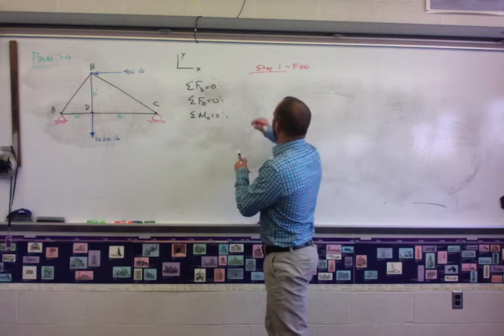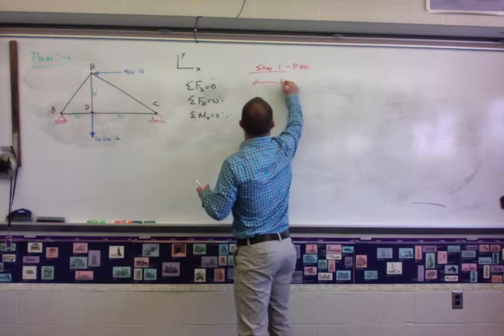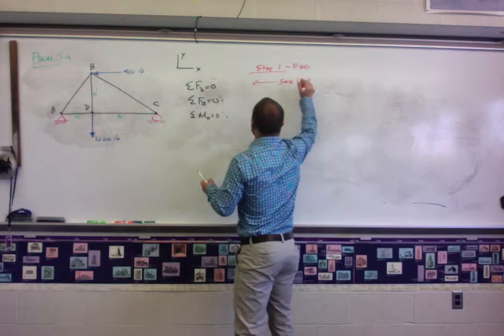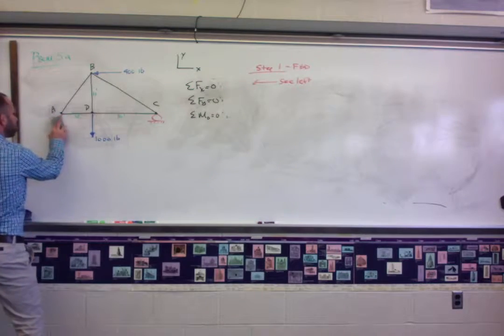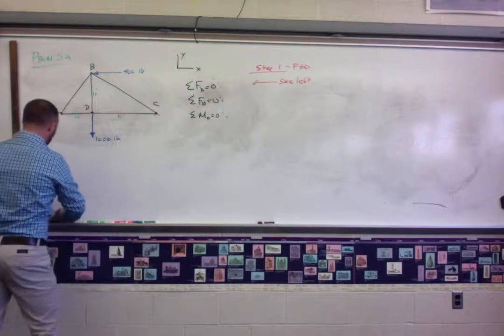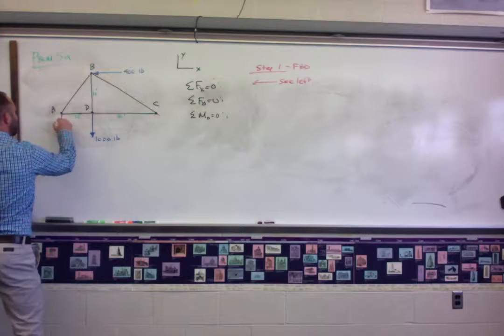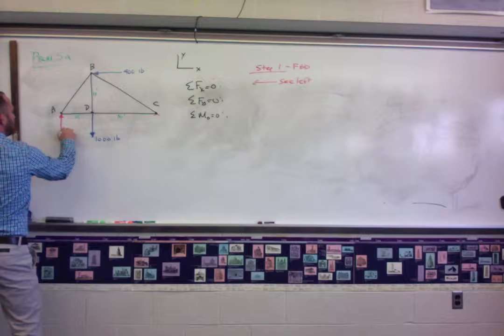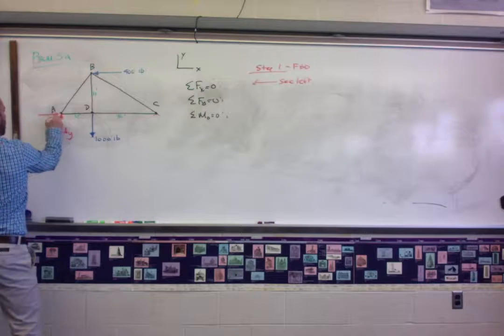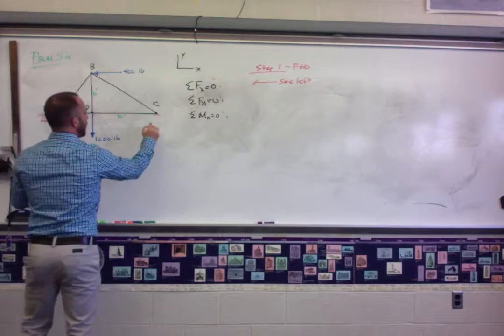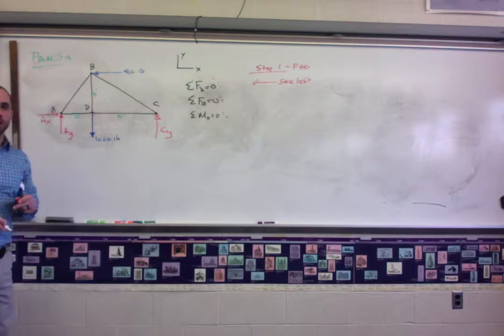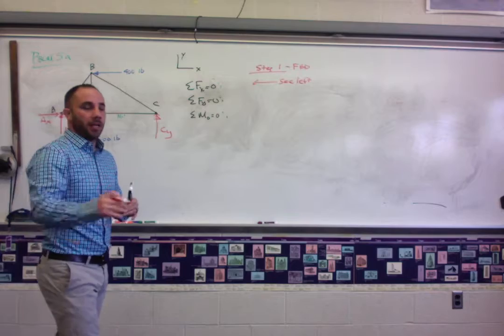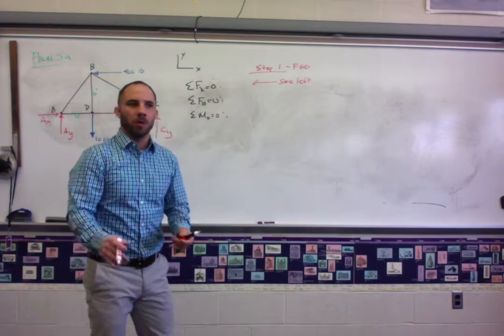In this case, it's going to look exactly like that, but just replace the pin and the roller with external reaction supports. That would be AY and AX, and this would be CY, and that's it. That's a roller. It does not restrict motion in the X direction because it's a roller. We want it to be able to move.